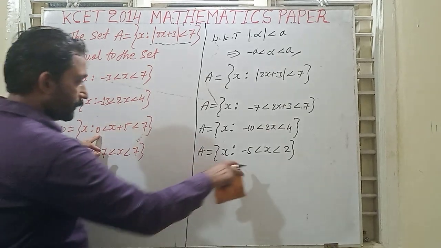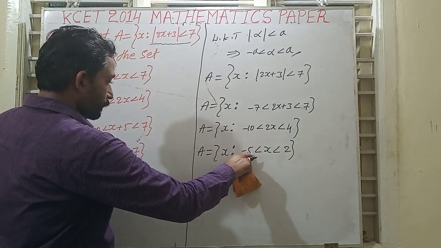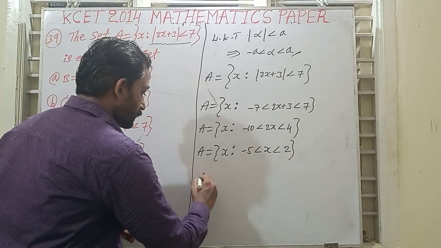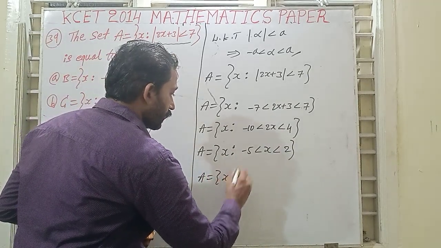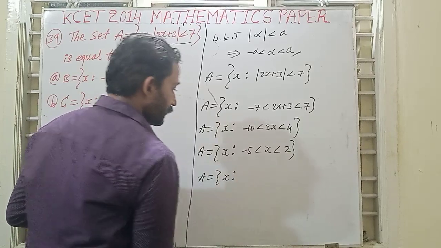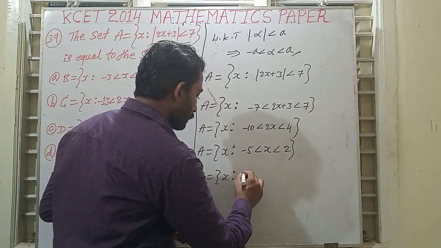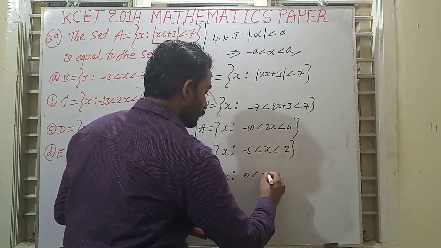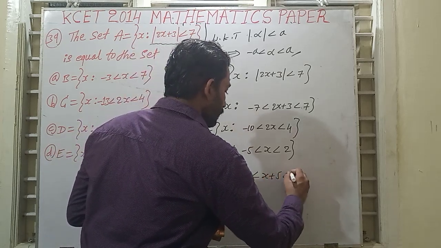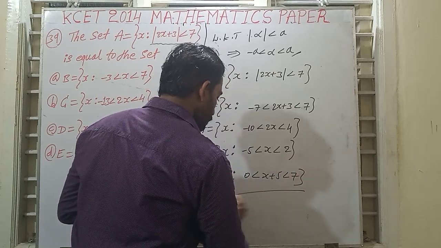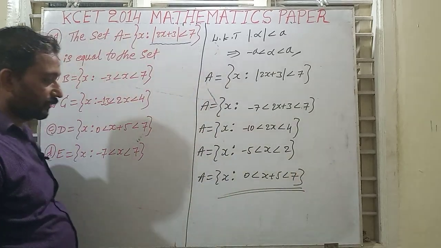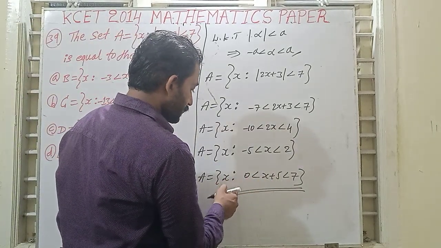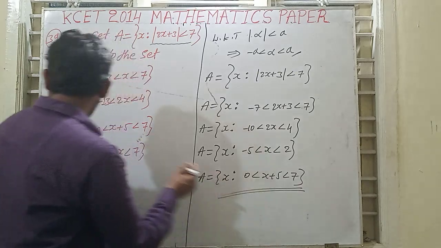Add all the terms by plus 5. Minus 5 plus 5 is 0, less than x plus 5, less than 2 plus 5, which is 7. So the answer is A is equal to the set of all elements x such that x plus 5 is greater than 0 and less than 7, which matches option C.